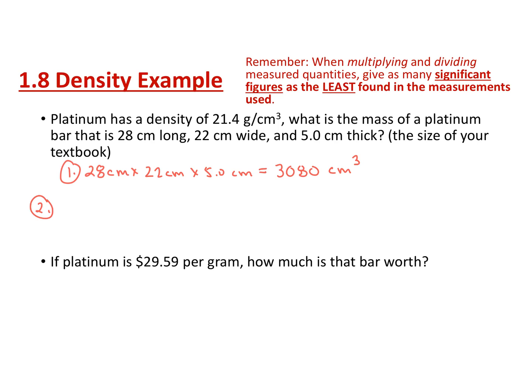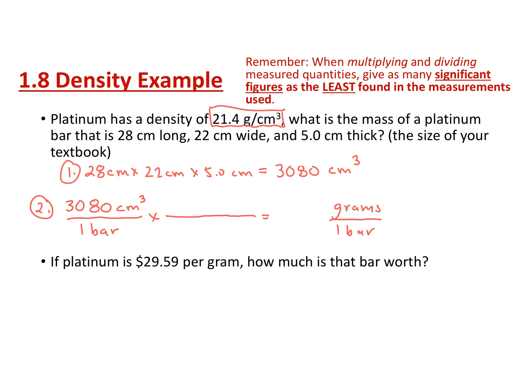I have my volume. I need to now convert that volume into a mass using the density. So I've got 3,080 cubic centimeters per 1 bar. I need to multiply that by something that gives me a final answer in grams, because I want to find out how many grams this bar weighs. So using the density, that's my conversion factor. That's going to allow me to go from volume into mass.